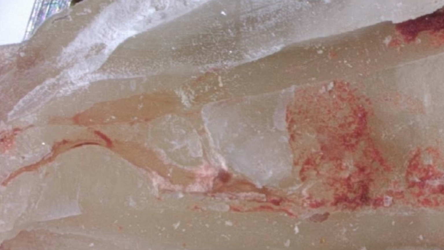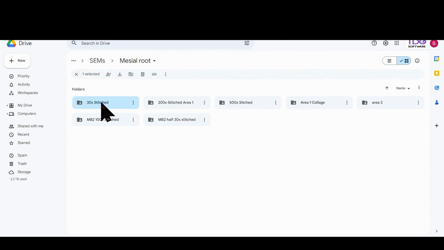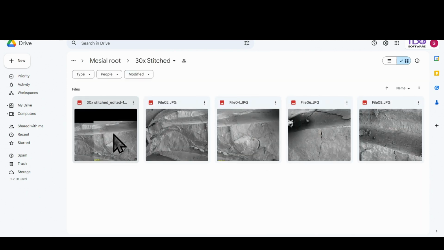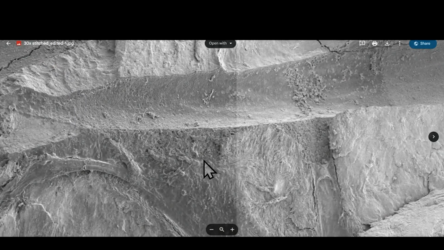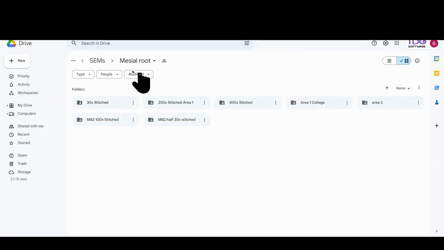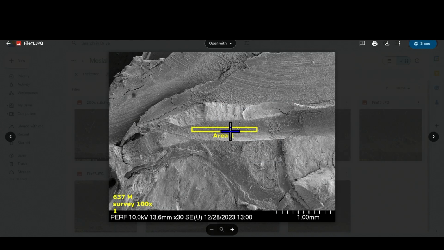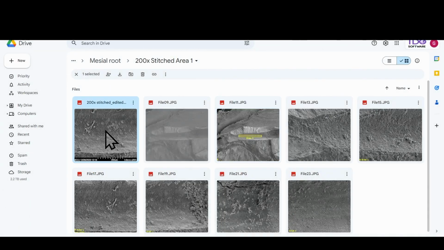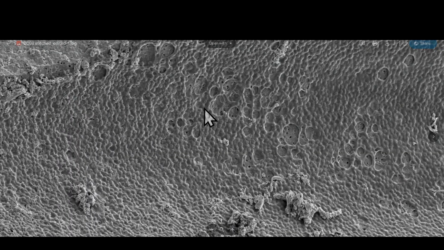In that area, it looks like maybe a remnant of a blood clot or something, but when you actually go into it, and we're going to do a stitched image in that area, you see a layer that looks a lot like a layer of stem cells.